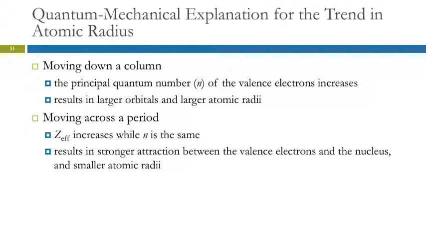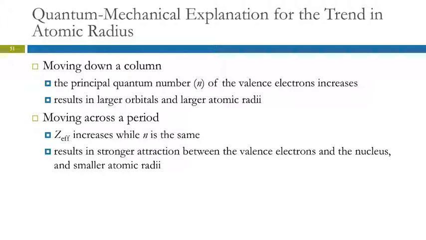So what happens, and quantum mechanics explains this, as we're moving down a column, the principal quantum number of those valence electrons is going up, so we get larger orbitals and larger atomic radii. As we're moving across a period, the effective nuclear charge is increasing.